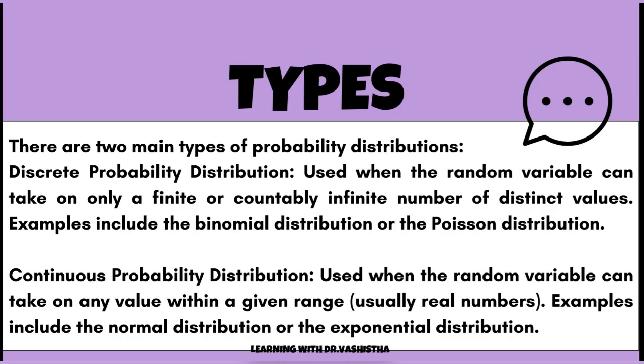Whereas in continuous probability distribution, the random variable can take on any values but within the given range, and usually they are the real numbers. For example, this includes normal distribution or the exponential distribution, where the value of x can be given under the range of like between 0 to 1 and 1 to 2, then 2 to 3 and further on within a given range. So this is the basic difference between the two.